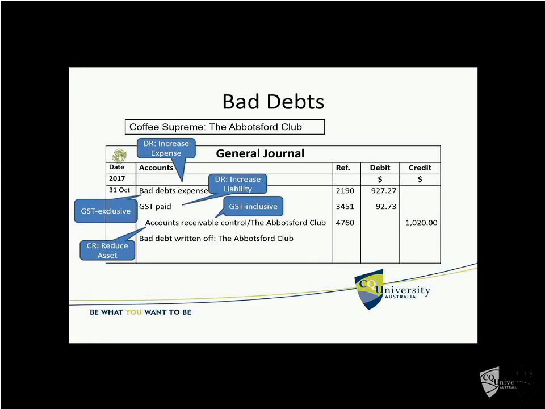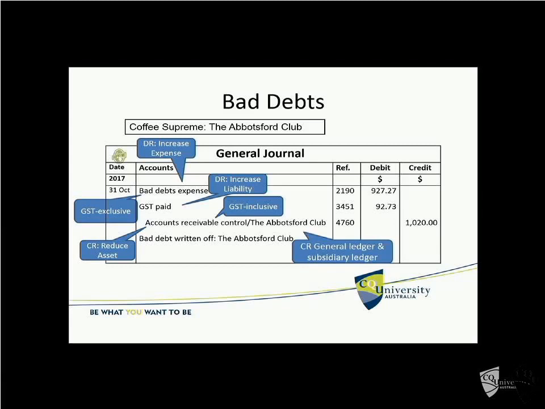So we deal with GST on the bad debts expense, and we reduce the GST paid. But on the other side, we don't need to worry about GST because it's GST inclusive, so we don't have to do that separately.